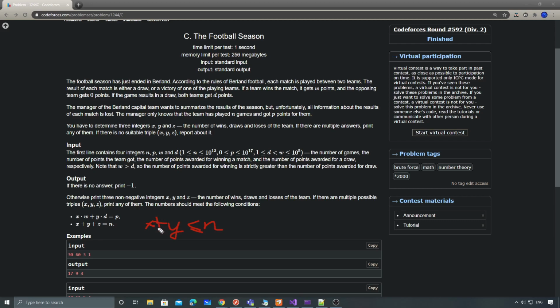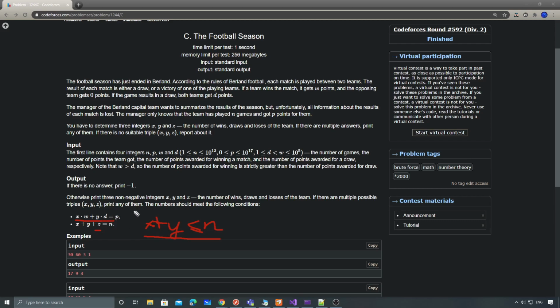If we have a formula that satisfies these two conditions, for the remaining games we can simply put z, assuming the remaining games we all lost, and it will not affect the final answer.